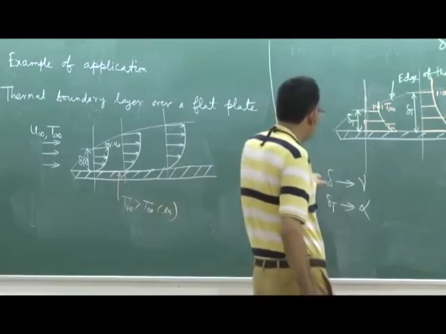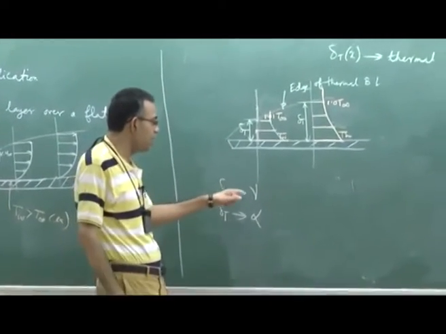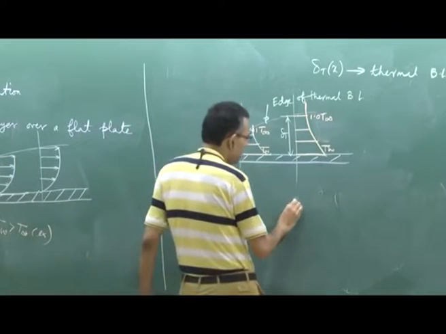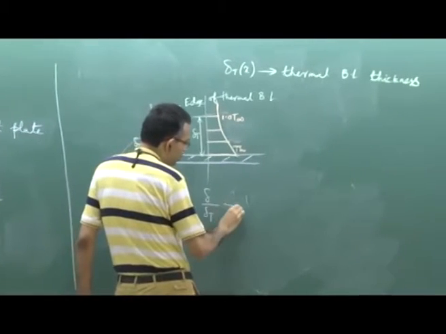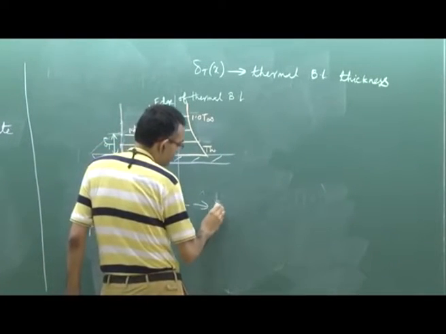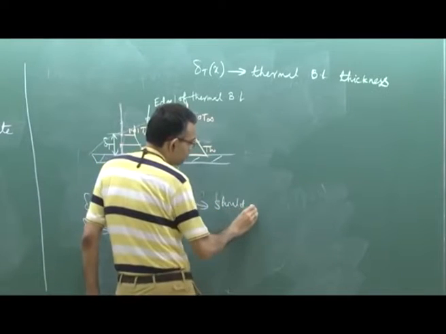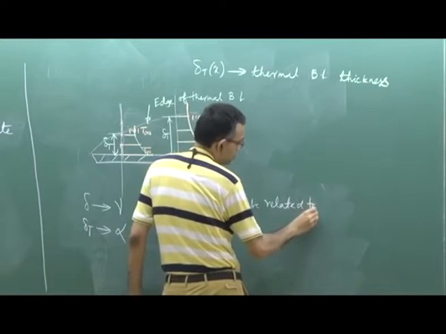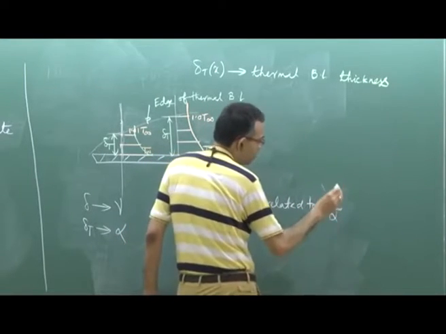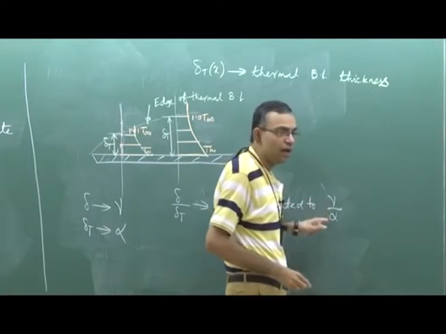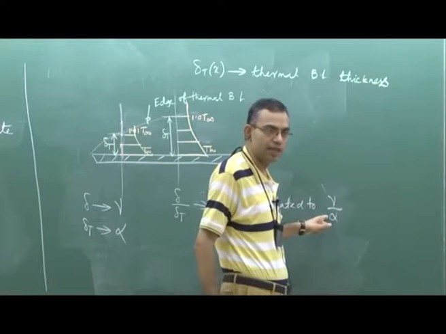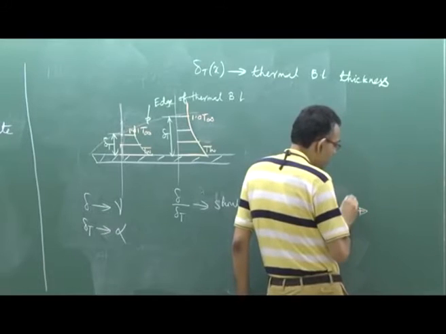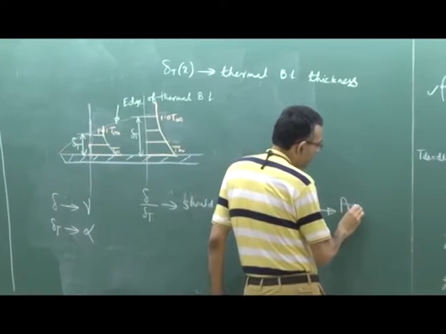So, delta will be related to nu, and delta T will be related to alpha. So, delta by delta T should be related to nu by alpha. These two have the same dimension, meter square per second, same unit. So, this is a non-dimensional number called the Prandtl number.